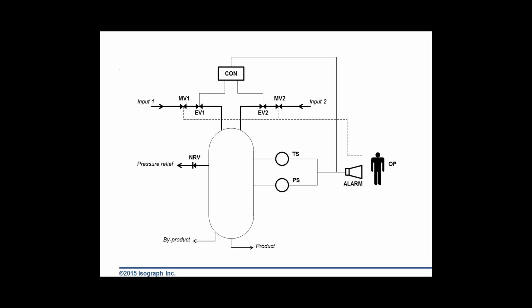It represents a chemical reactor vessel which has the function of mixing two chemicals that come in via inputs 1 and 2 to produce a product and a byproduct. Now, if this chemical reaction is not properly maintained, a runaway reaction can occur, which can cause a safety hazard.